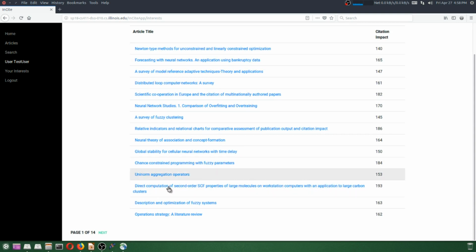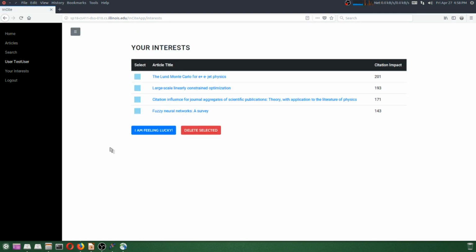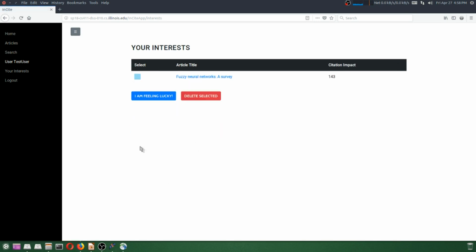So you can see that by utilizing this, the user can express his interest and get other similar papers that he wants. And if he no longer finds one of the papers interesting, you can always just delete it, and there's only one left. If you don't select anything, just click on it straight out. You will use all of the interests that the user has.